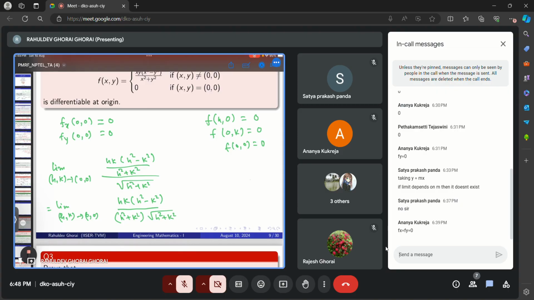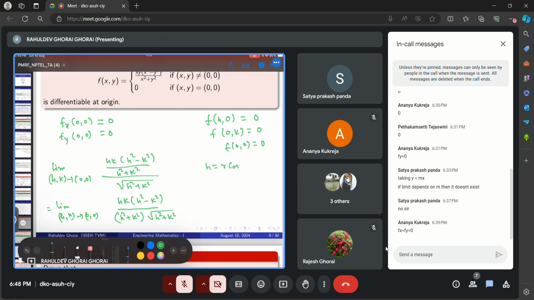Now you try to show that the limit is equal to 0, like Ananya told, right? Yes, sir, it was me only. Okay, so you go through her process: h equal to r cos theta, k equal to r sin theta.